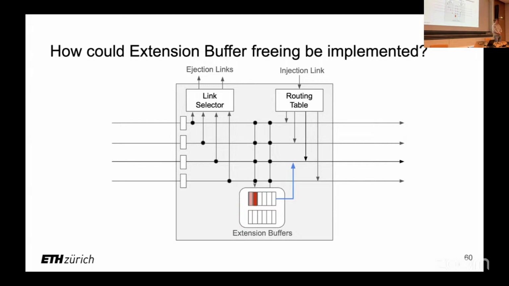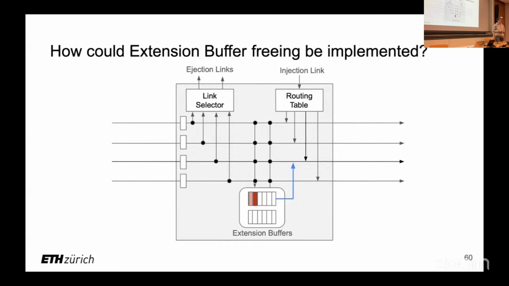So how could we do this? For me, one thing I immediately thought of is, hey, can we not just treat this as a new injection? Because we basically have a packet stored in our buffer. Why don't we just say, okay, this is now the thing we want to inject?